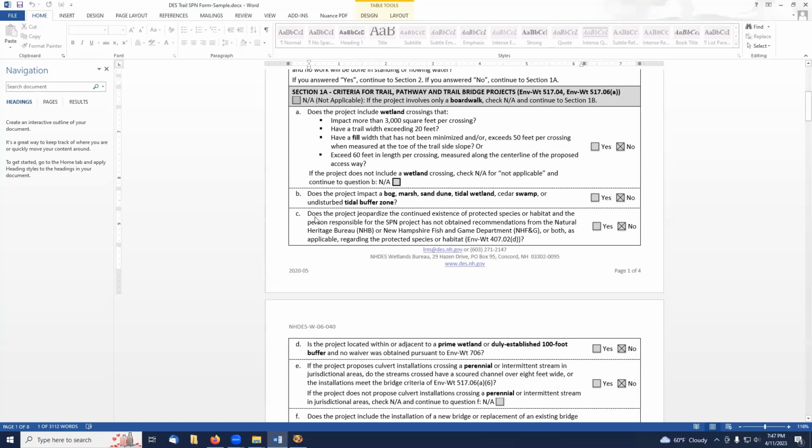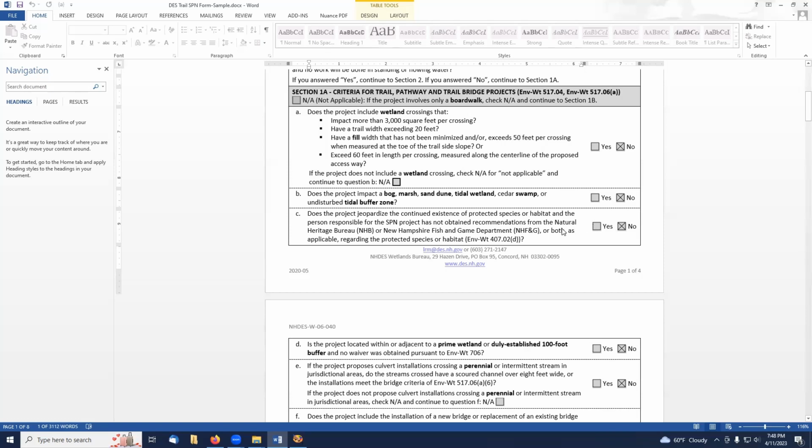Okay, next question, number C. Does the project jeopardize the continued existence of a protected species or habitat? And the person responsible for the SPN project has not obtained recommendations from NHB or Fish and Game. So, I mean, dumb way to ask this question, in my opinion.